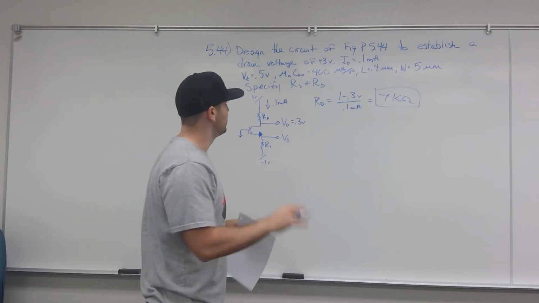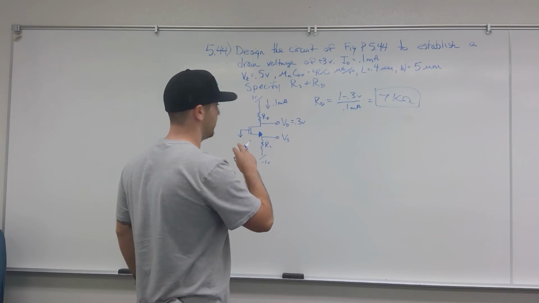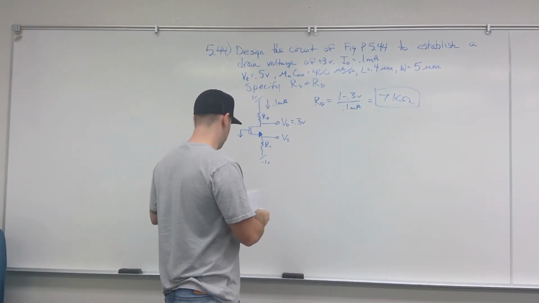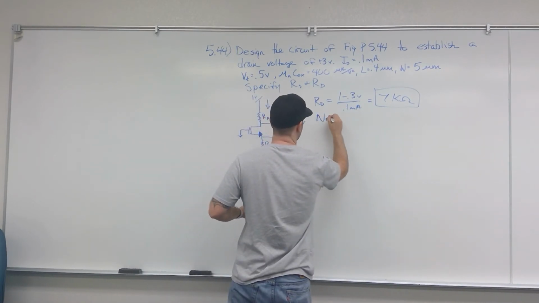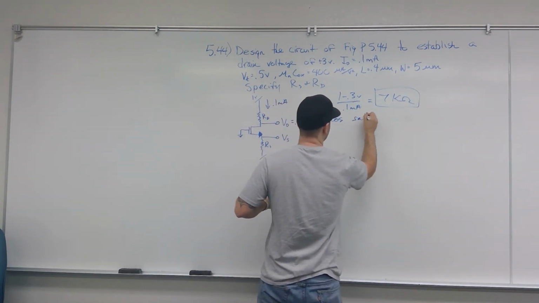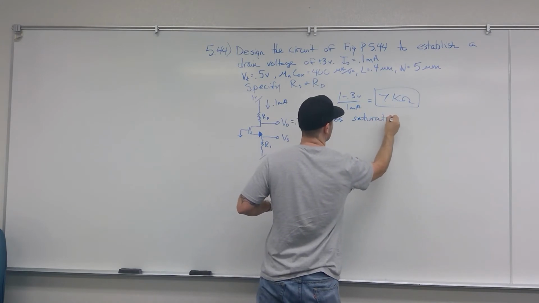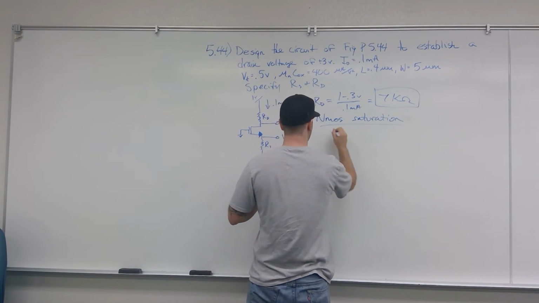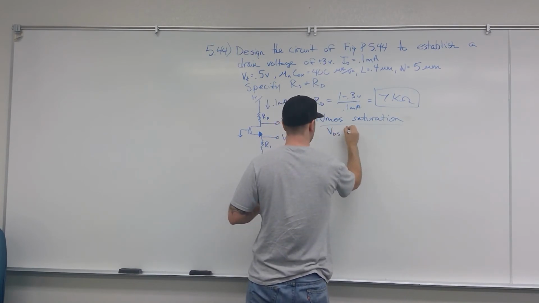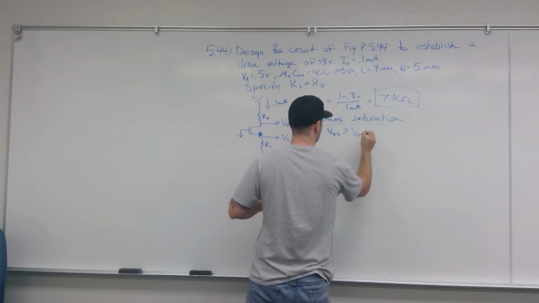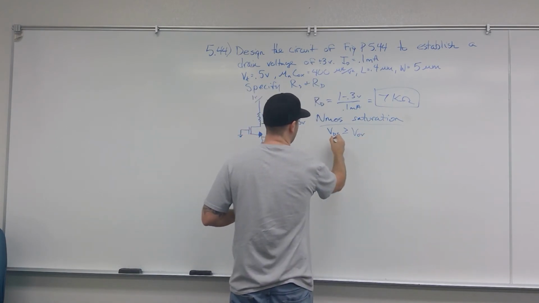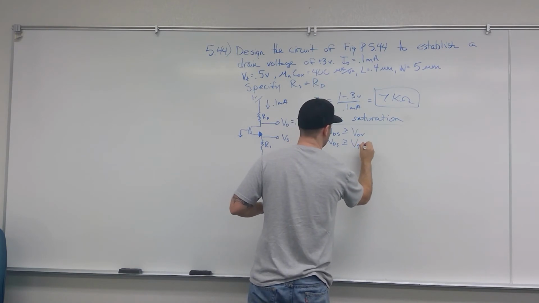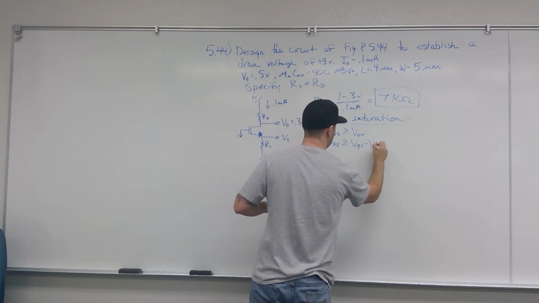So first things first, we need to figure out if this is in saturation or in the triode region. And we know that for saturation for NMOS, VDS has to be greater than or equal to the overdrive voltage. So in other words, VDS has to be greater than or equal to VGS minus VT.